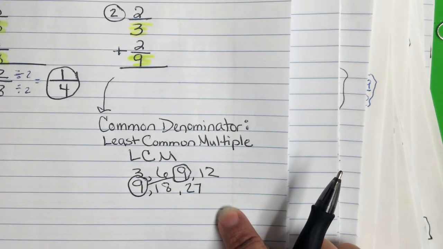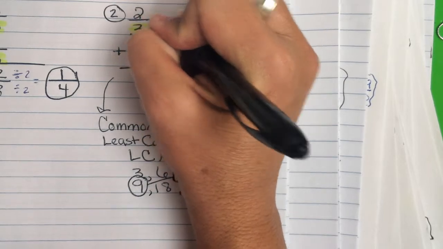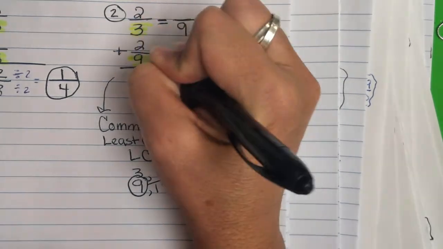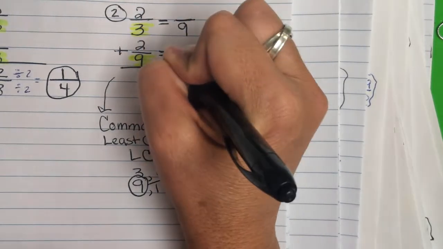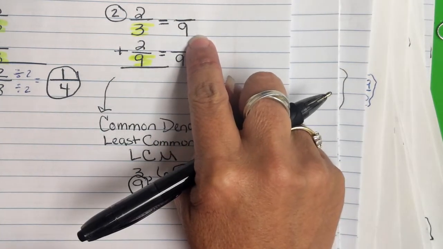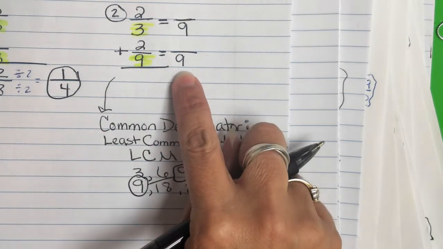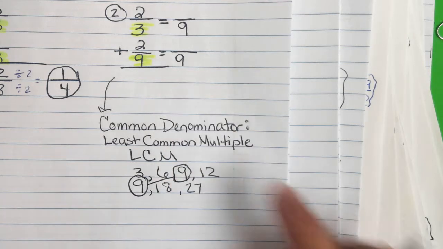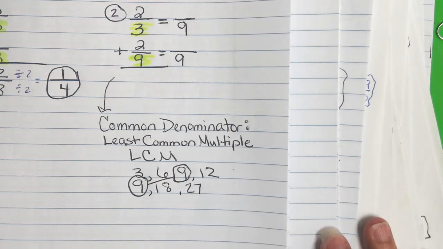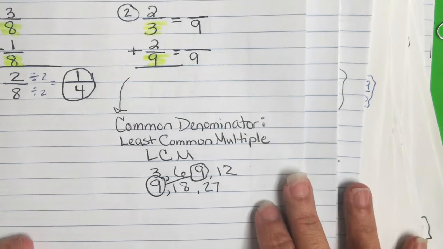Now, you want to put this, what I'm going to call up here, in the fractions. We're going to take a pizza or fraction, whatever you want to call it, that is cut in thirds, and we're going to make it cut in ninths. It's the same exact pizza, we're just slicing it a bunch more. Okay? This one's actually the same. That's going to be kind of easy. Here we go. To find the new numerator, because the numerator is going to change.